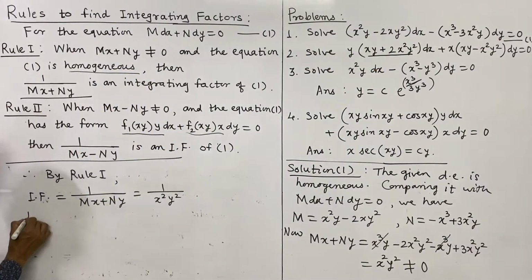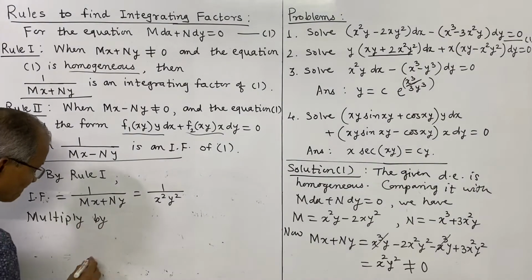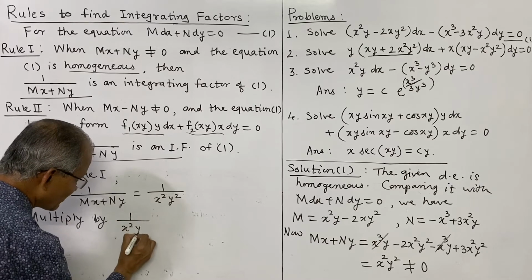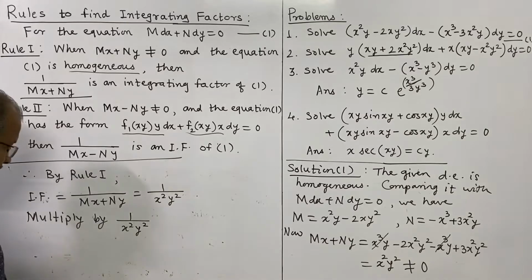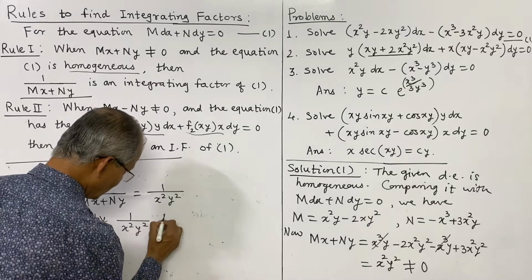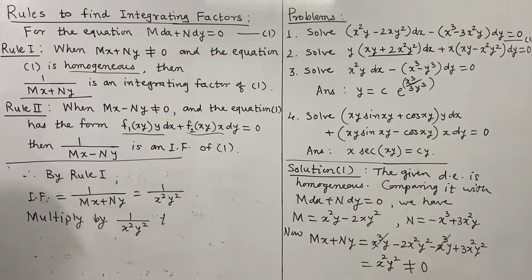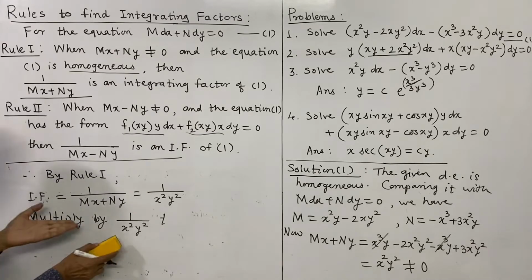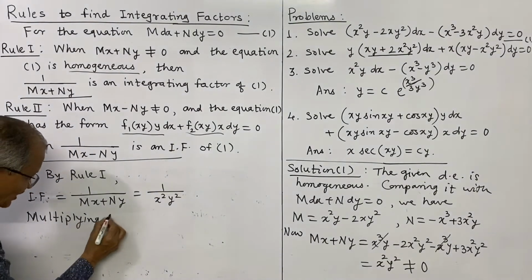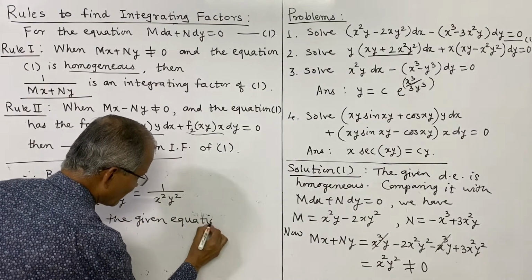So multiplying the given equation by this factor 1 upon x square y square, we may write, multiplying the given equation 1.